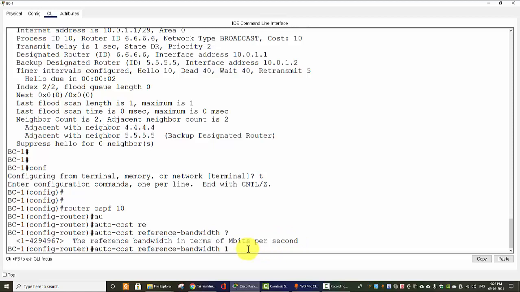So I will enter 10,000 megabits per second. Then when we divide it by 1 gigabit, we will get a cost of 10.